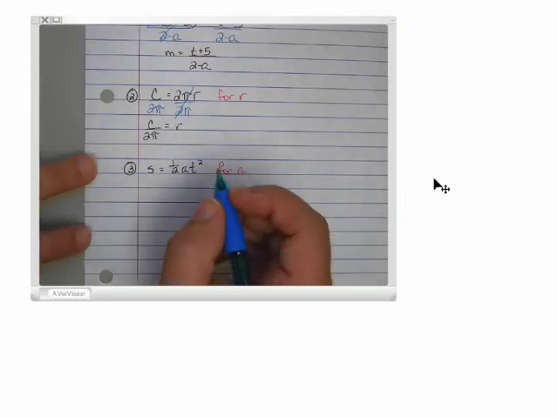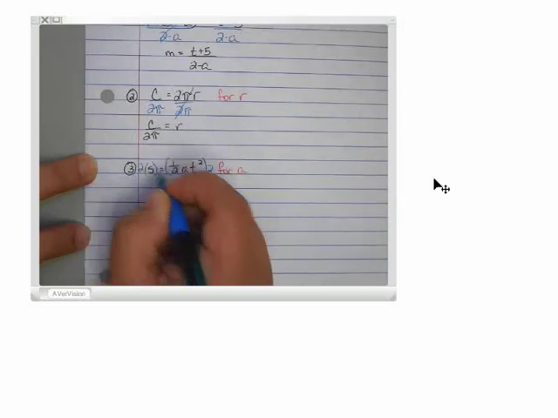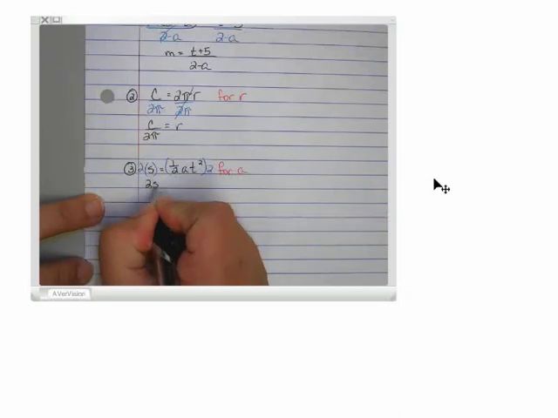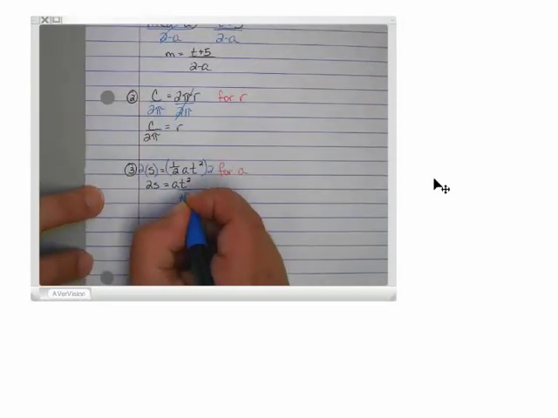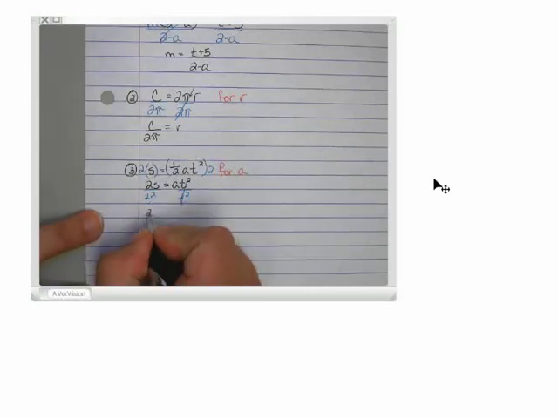To get rid of our fraction, we're going to multiply both sides by 2. So that gives us 2s equals a t squared. And divide by t squared, so it'll cancel over here. And 2s divided by t squared is going to give you a.